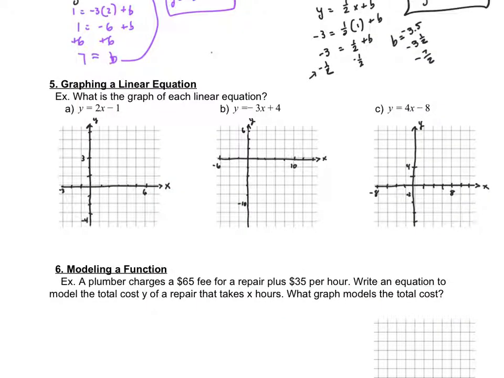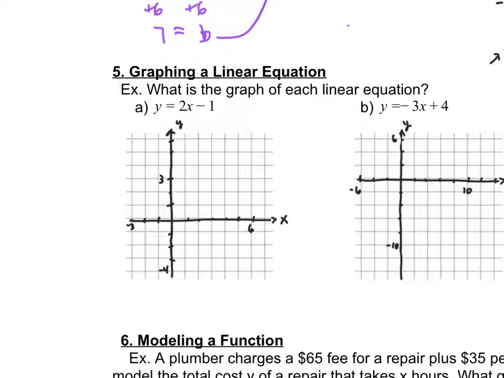Okay, so when graphing a linear equation, what we want to do is get it into slope-intercept form, which these are in slope-intercept form, and we are going to start off at my y-intercept. Looking at y equals 2x minus 1, my y-intercept is going to be 0, negative 1, so I go to 0, negative 1.